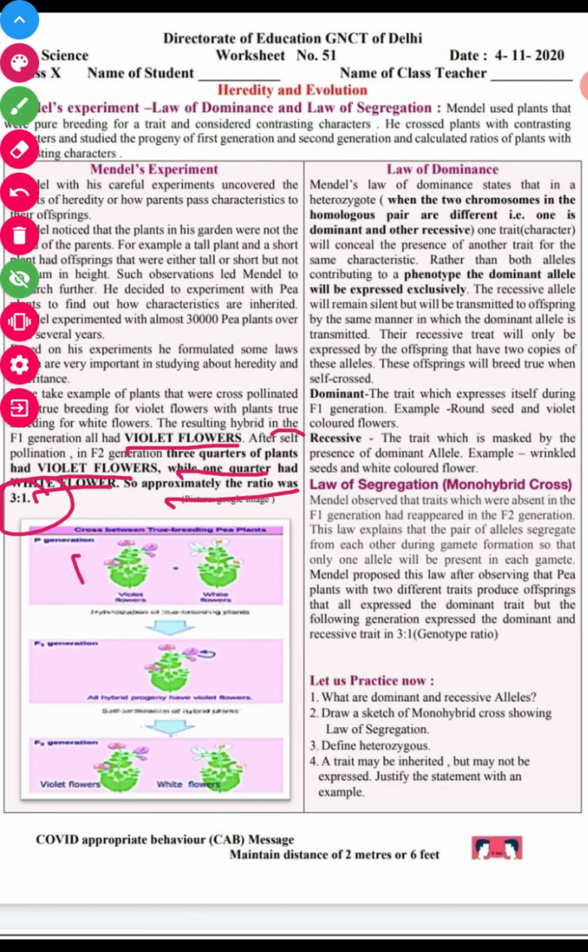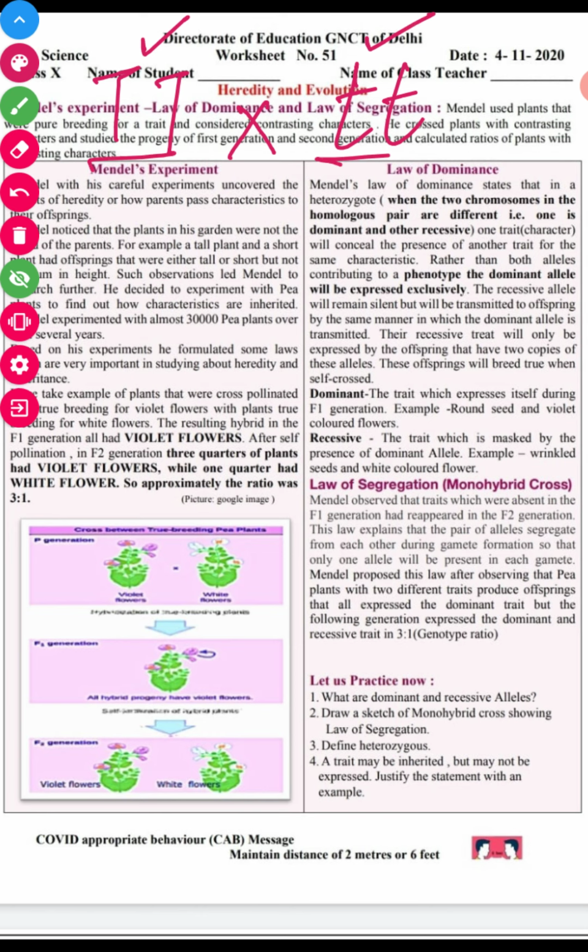And on the basis of this study, he took another example of tall plant and short plant from his garden. When he crossed them, they were both pure breeds of tall and dwarf plants, right? When he crossed them, he got the F1 generation.